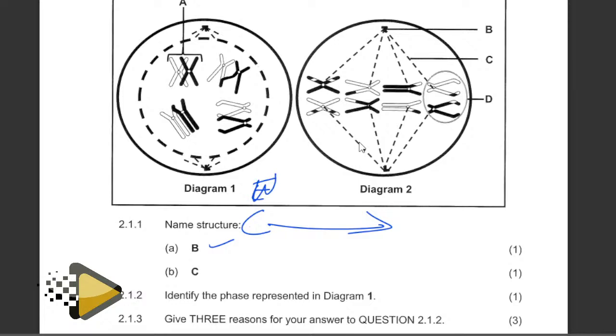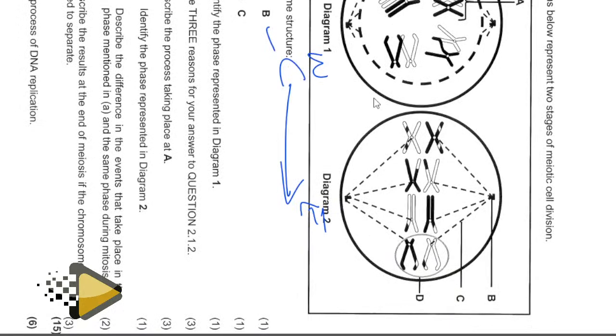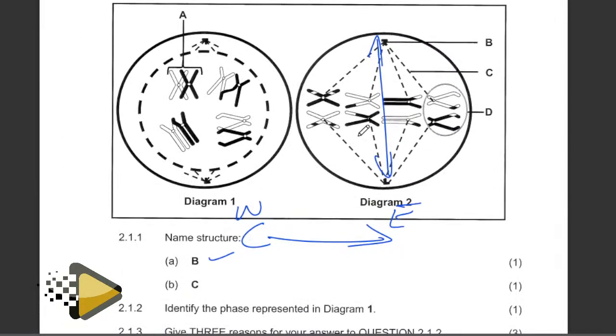I'm not a geographer, guys. Don't quote me wrong. I think it's east this side and then west this side. I hope so. Yeah, so it must be running east west, or in the horizontal way, so that you see it clearly. For example, it's supposed to be like this, so that now you see it must be running in that direction, so that you see the actual phase. So I hope you did it and identified the phase correctly. Okay, let's go through it and then we find out.